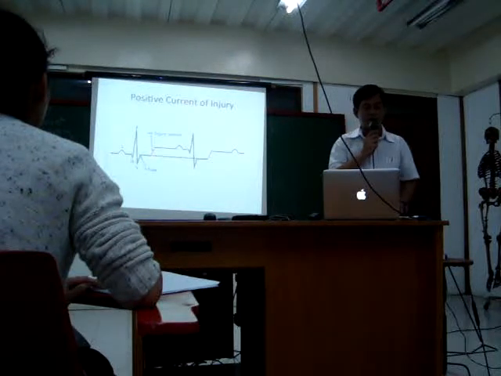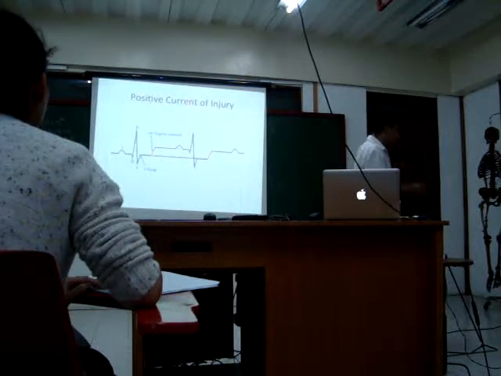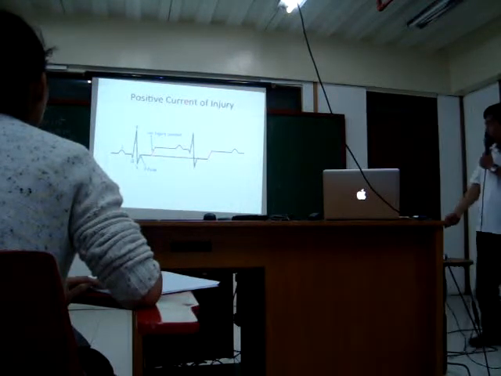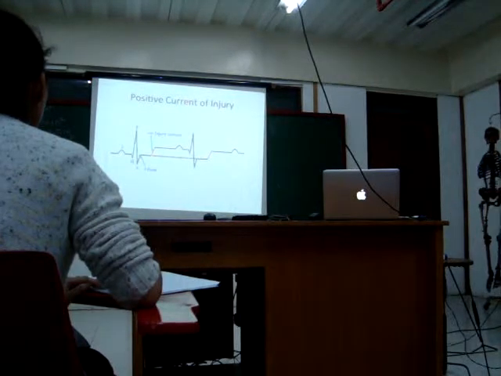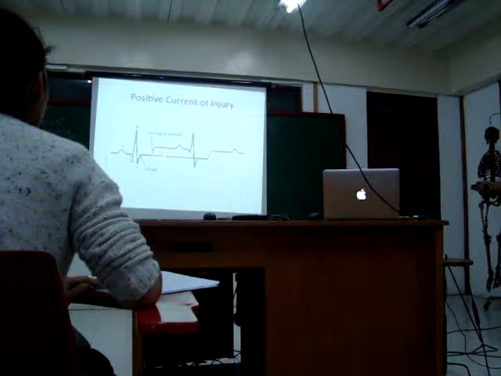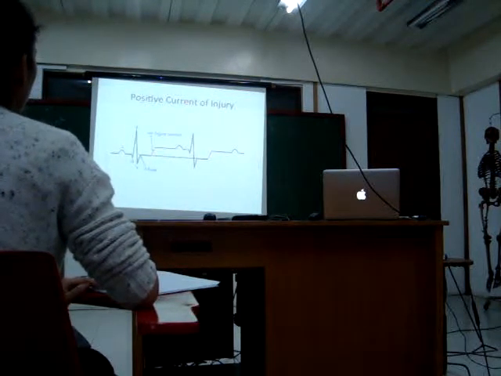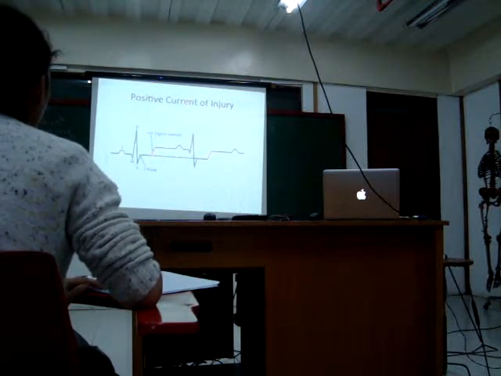Talking about the current of injury, this is what we call the positive current of injury. The positive current of injury is always above the isoelectric line. The best way to look at this is to look at the J point. What's the J point?